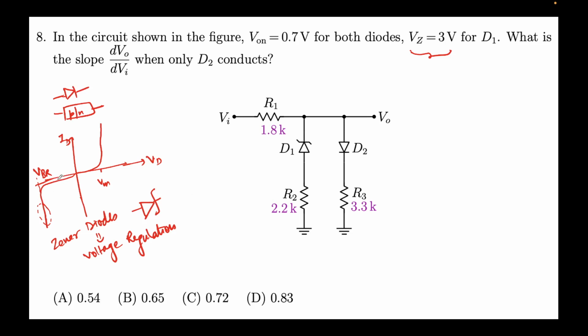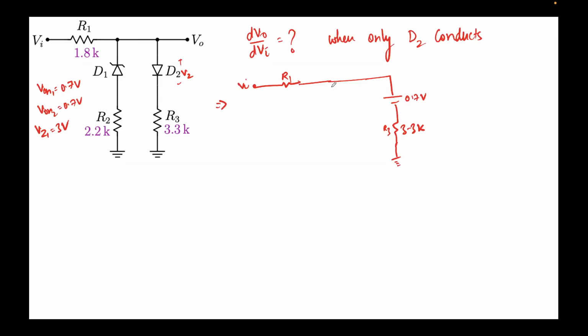If D1 is operating in this region, there will be no current. But if it's operating here, it can drive some current. So for now, we'll assume that there will be no current flowing through D1. So this is open circuited, and whatever current is flowing will flow like this. And this is the output voltage V0, which we are interested in finding with respect to Vi.